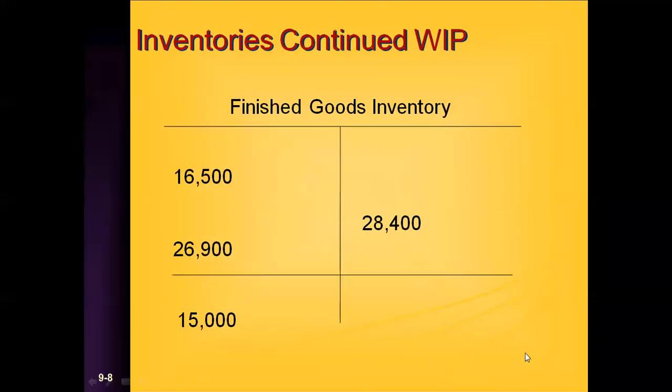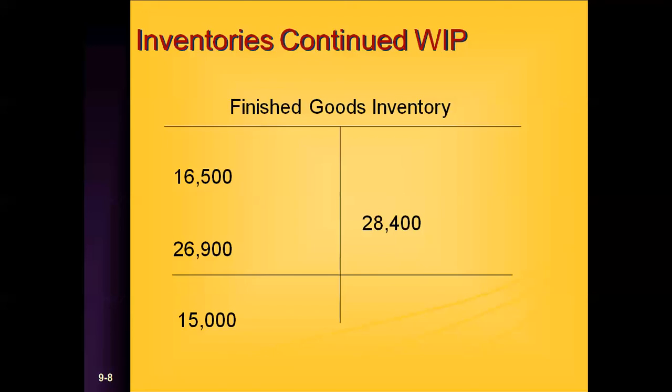A similar kind of thing goes on with finished goods inventory. In this particular T account, which is a finished goods inventory account, the same kind of activity occurs. You would have a starting balance, which would be the cost of products that are in finished goods inventory at the beginning but have not been sold.